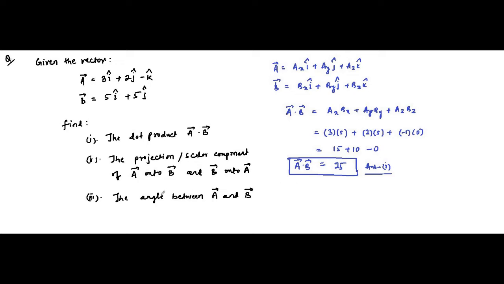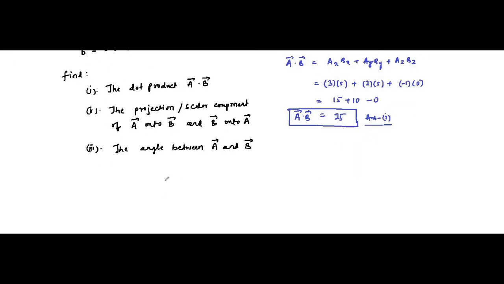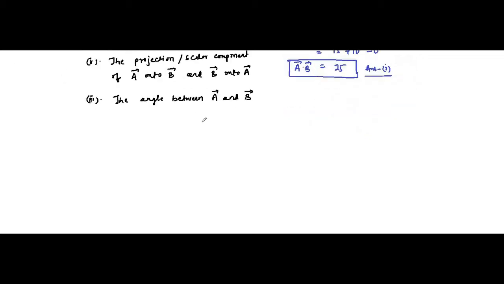Second, let us focus on the angle, then we'll go to the projection or scalar component part, because it is somehow related to that. So first we'll determine the angle, then we'll go for the scalar projection. For determining the angle, we have to follow the basic definition of dot product, which is expressed as a vector dot b vector equals a vector magnitude, b vector magnitude or modulus cos theta.